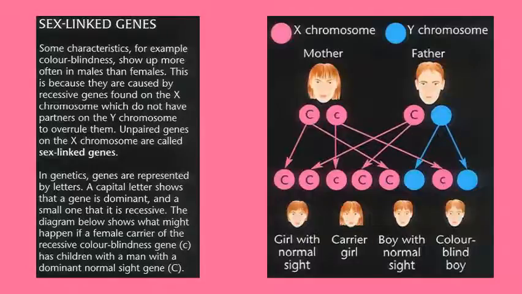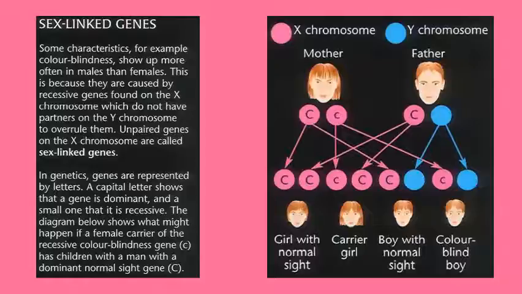Sex-linked genes. Some characteristics, for example, color blindness, show up more often in males than females. This is because they are caused by recessive genes found on the X chromosome, which do not have partners on the Y chromosome to overrule them. Unpaired genes on the X chromosomes are called sex-linked genes. In genetics, genes are represented by letters.